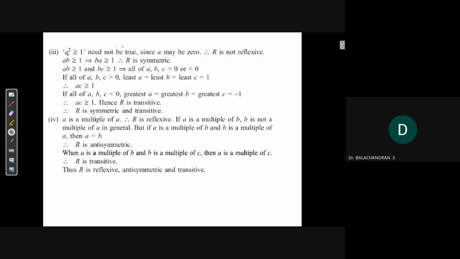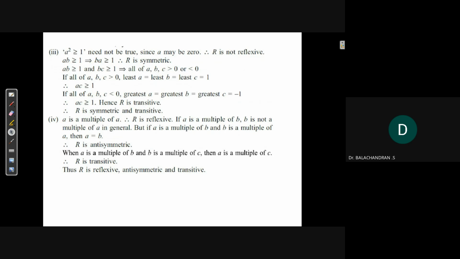So a square greater than or equal to 1 need not be true, because reflexive means a is related to a for every a. Suppose a is 0, then this inequality is not satisfied. But the remaining elements are satisfied. But reflexive means a is related to a for every a belonging to that set.